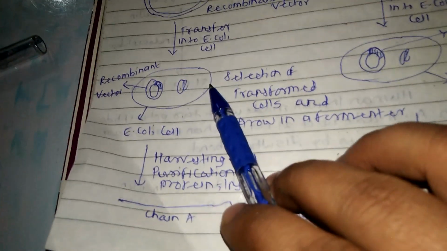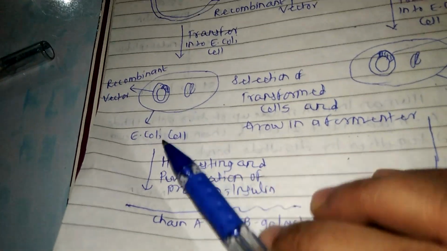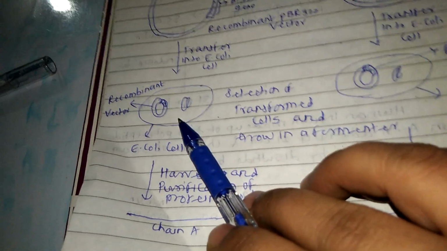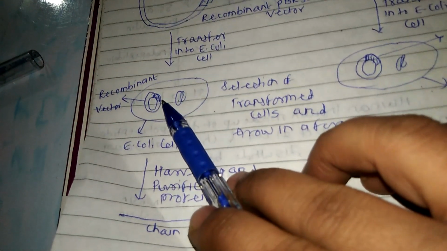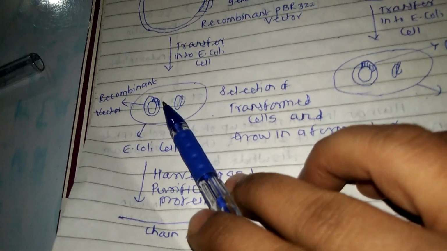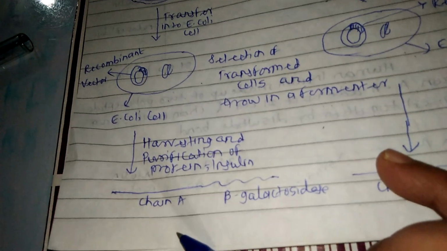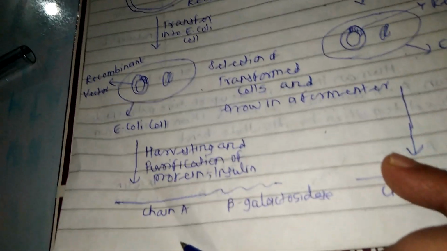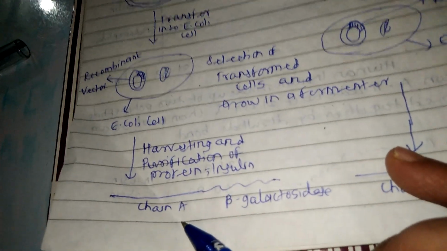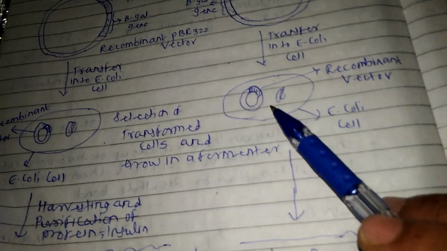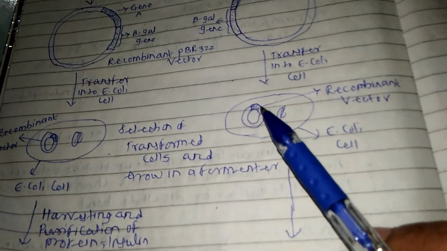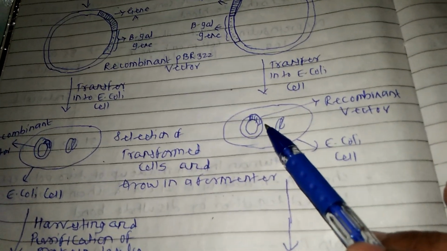In the first bacterial cell, the polypeptide chain is produced because it has gene A. Gene A produces polypeptide chain A, which is made up of how many amino acids? 21 amino acids. In the second transformed cell, gene B is present.